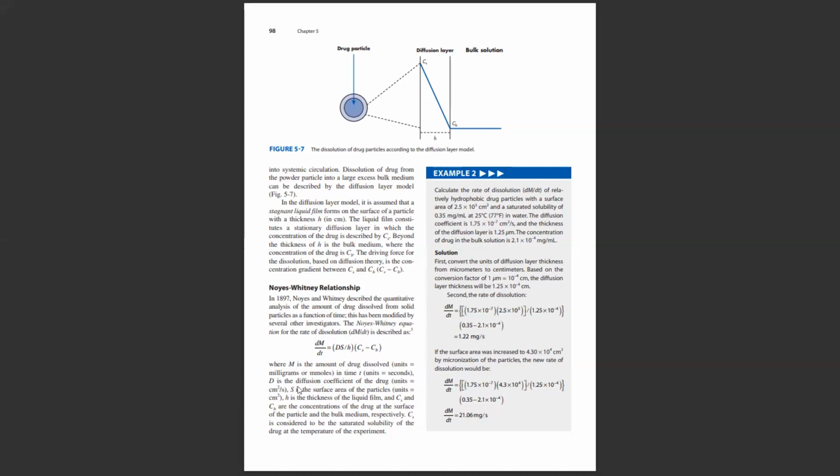And then S is the surface area of the particles in centimeters squared, and h is the thickness of the liquid film. And the Cs and Cb, at the far end of the diffusion layer, are the concentration of the drug at the surface of the particle and in the bulk medium, respectively.